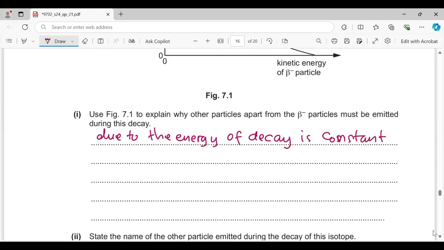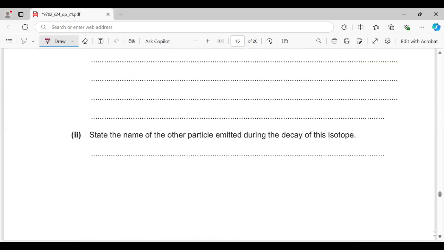State the name of the other particle emitted during the decay of this isotope. Of course, electron. And what else?